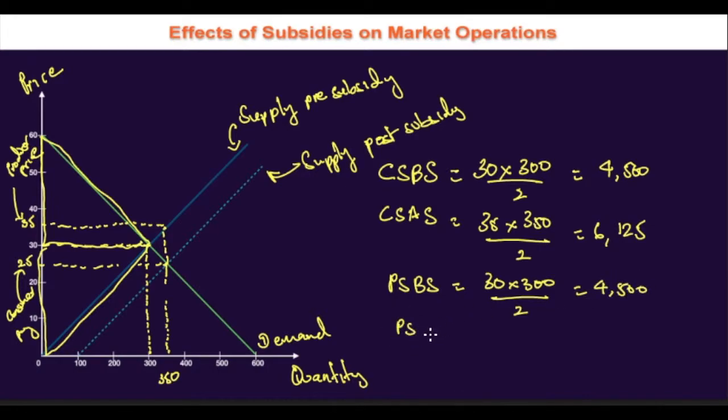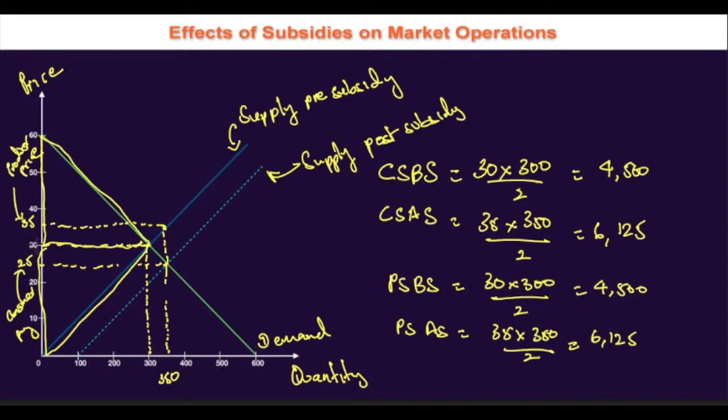And producer surplus after subsidy: they are now receiving 35 rupees, so it is 35 minus 0, which is 35, into 350, divided by 2, which gives 6,125.